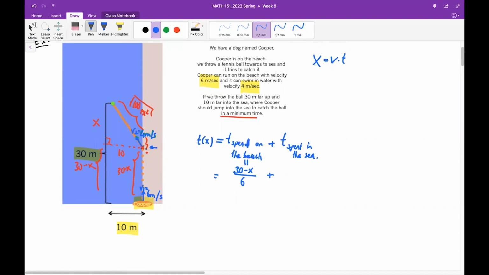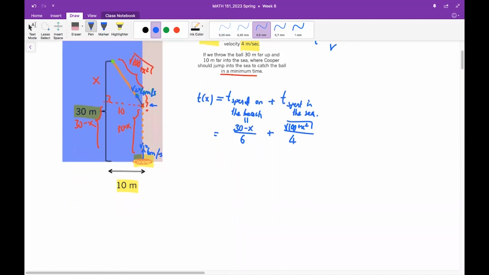Similarly, this is the distance covered in the sea, given by this expression. If I divide it by the velocity in the sea, which is 4 meters per second, it will give me the time spent there. Time is always distance divided by the velocity. Okay, this is our function to be minimized.